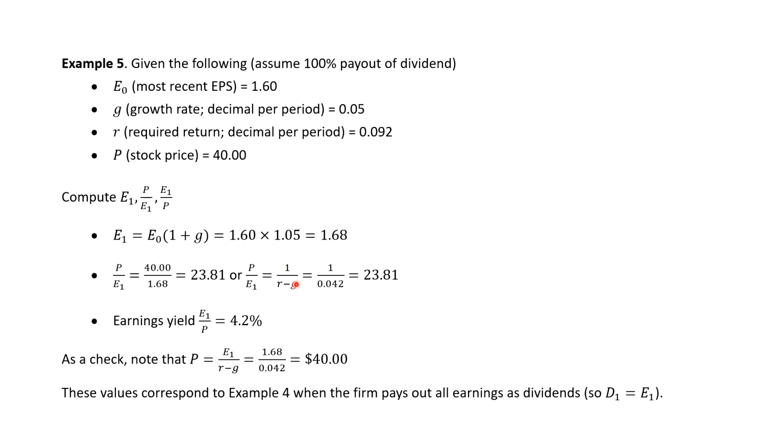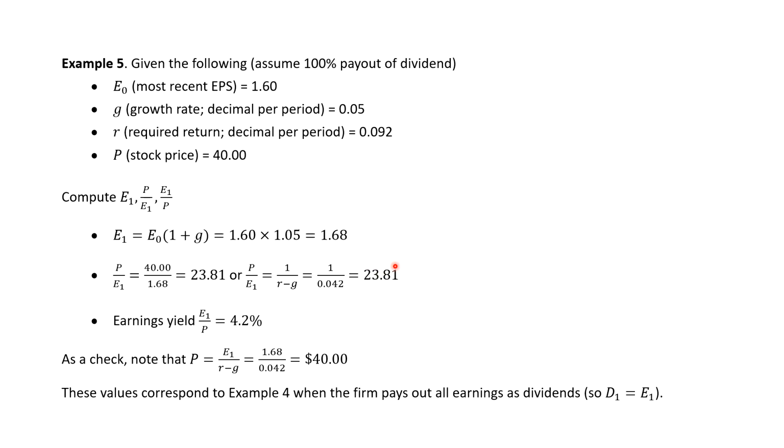And we can also compute that using our formula, 1 over R minus G. Then we take R minus G, we get 0.042, and we also get 23.81, which is what we would expect. And then the earnings yield is just the reciprocal here.